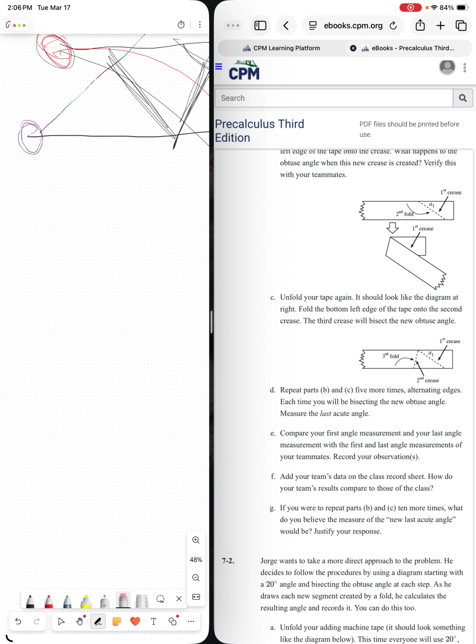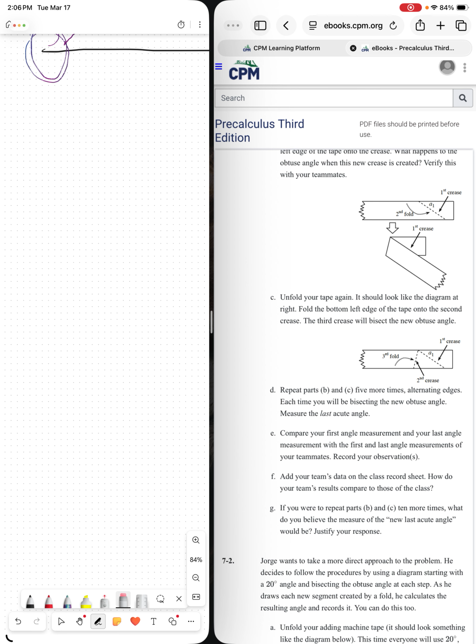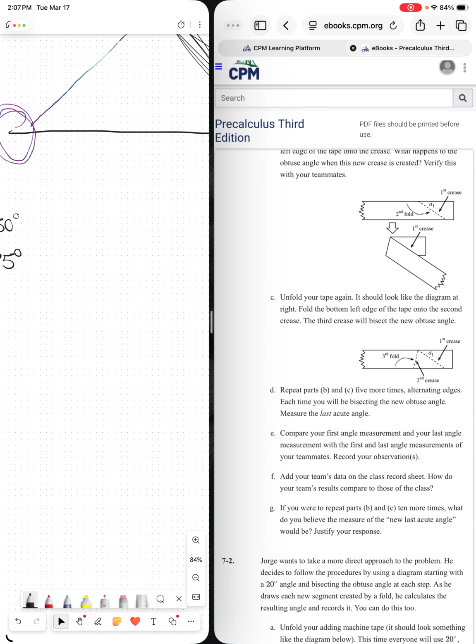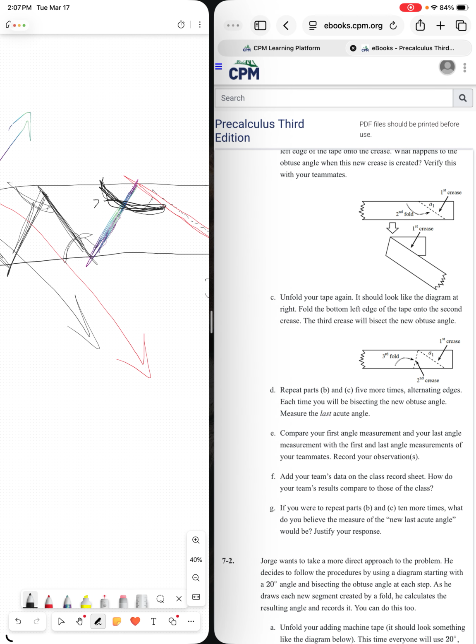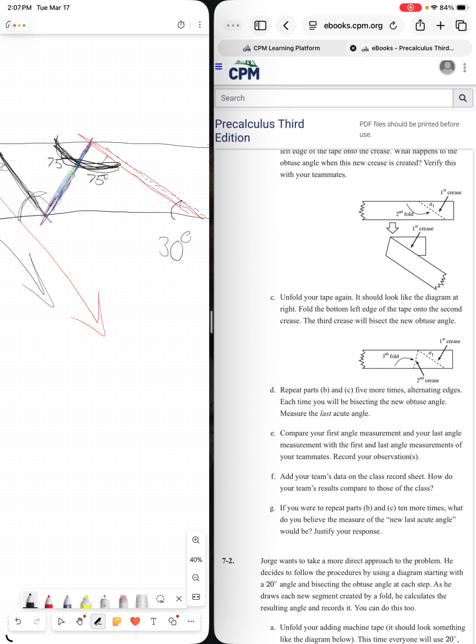Trying to make this a little cleaner. If it's 150 degrees and we bisect it, meaning we cut it in half, that's 75 degrees. So we now have 75, 75. Now we can figure out what this angle is.